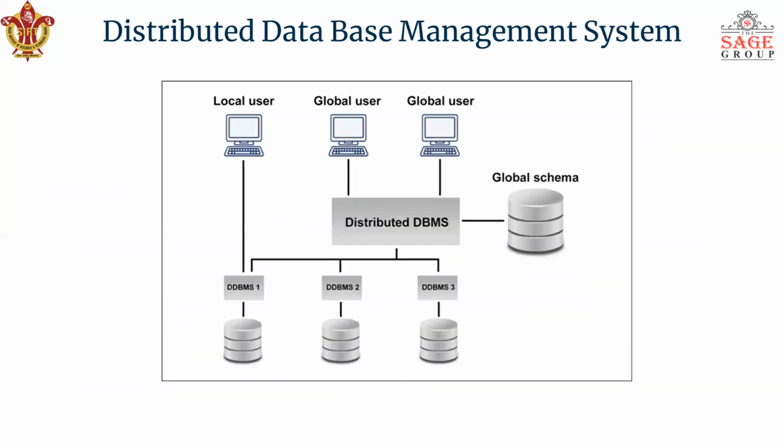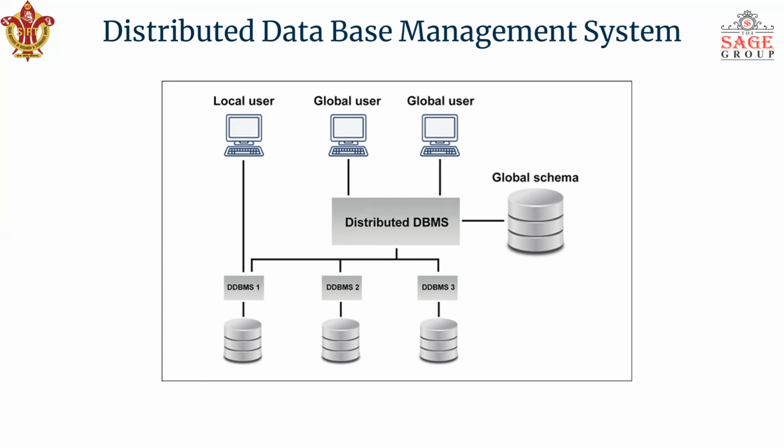Now this is the structure of distributed databases. What we have seen in this figure is that we have a local user in a local location. We have a global user also. What is the meaning of global user? It means they are geographically separated over different locations.